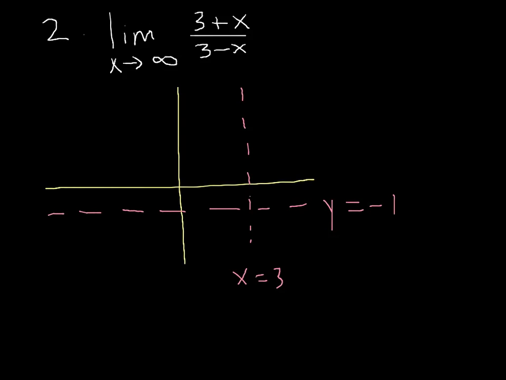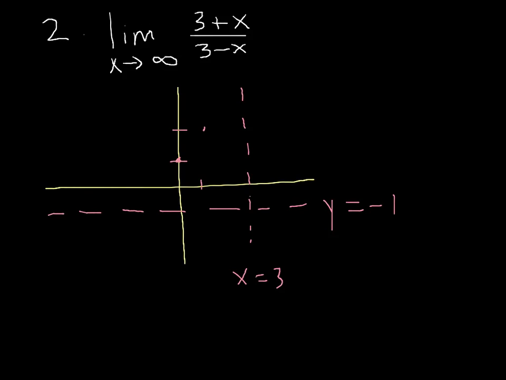If I put in 0 for x, then I get 3 over 3, which is 1. So I get this point here. If I put in 1 for x, then I'd have 4 over 2, which is 2. So if I put in 1, I'm going to be up here at 2.